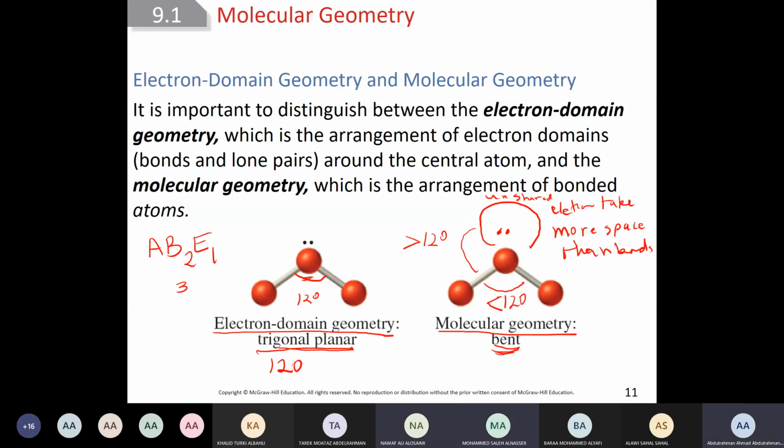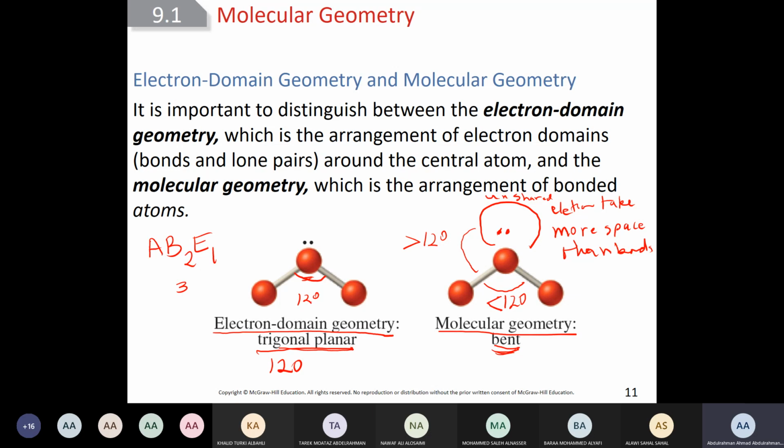Okay, so again, the only difference between the electron domain geometry and molecular geometry is that we cannot see the electrons. For the electron domain geometry, we assume that the electrons are there and we give the shape according to the electrons. That's why this becomes a triangle.